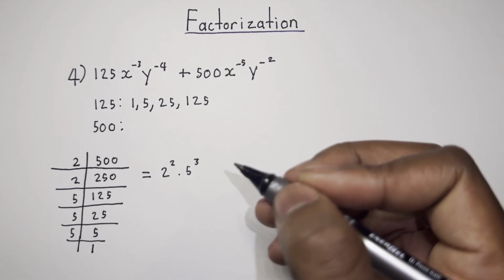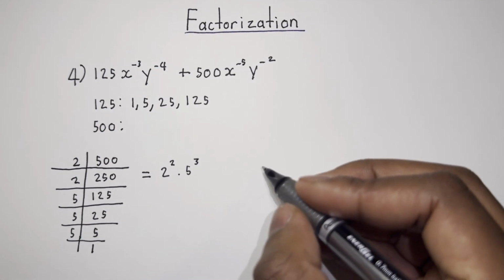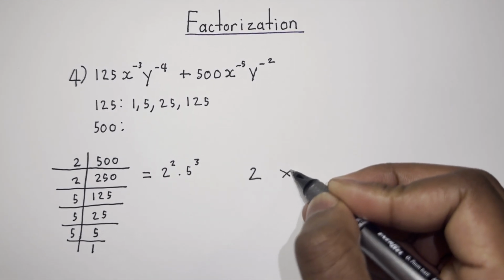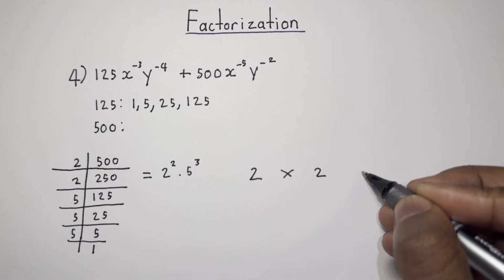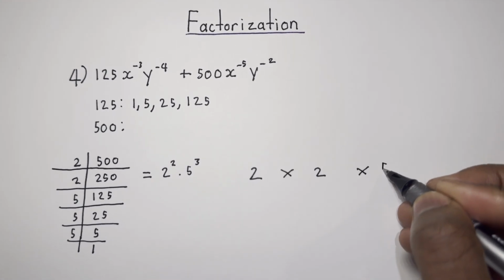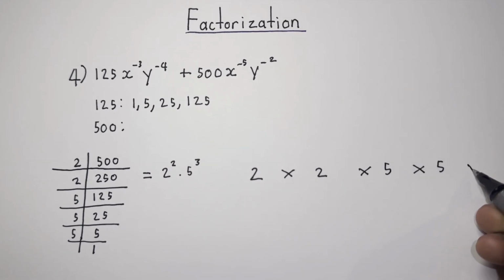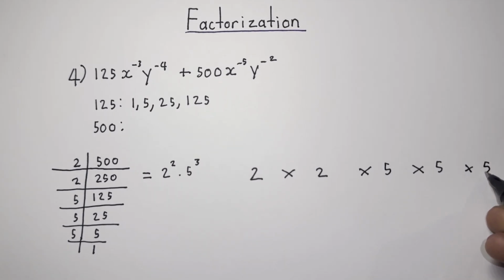So to find our factors, we are going to expand this. So we have 2 times 2 times 5 times 5 times 5.